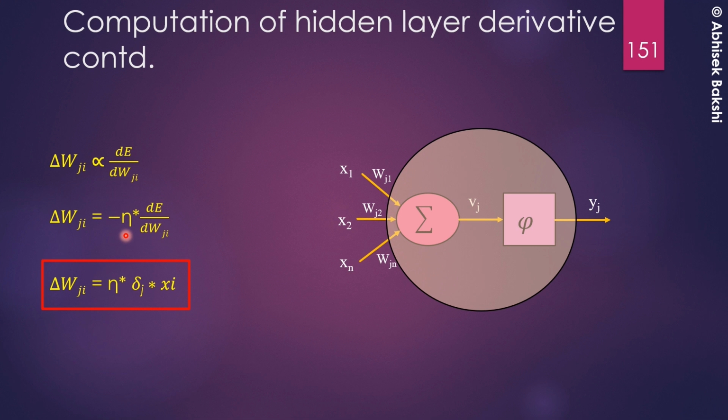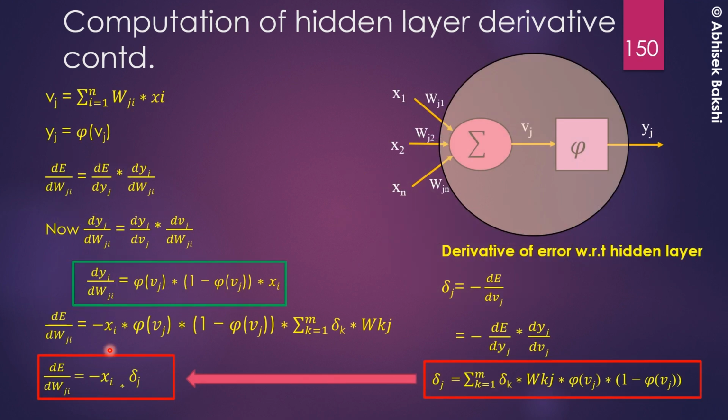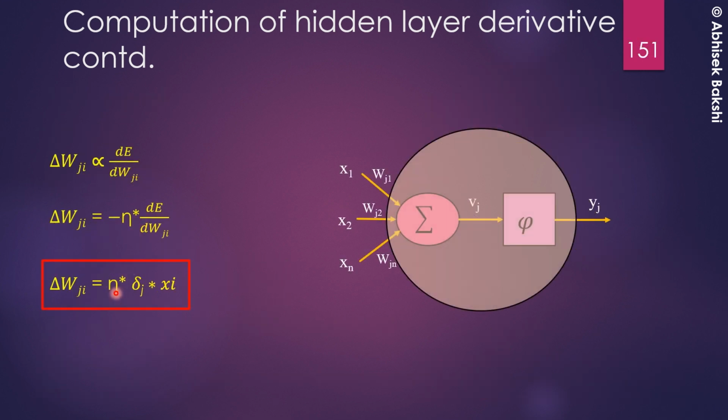You can consider the same learning rate here, and obviously again it's against the gradient, so minus eta. So minus eta will be multiplied with this derivative. And what is the derivative expression? Previously we found this one, minus xi into delta j. So minus minus will cancel out and it will be eta into delta j into xi. So delta wji is nothing but eta into delta j into xi, right?